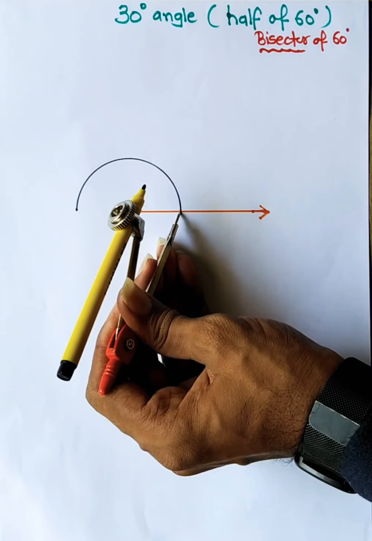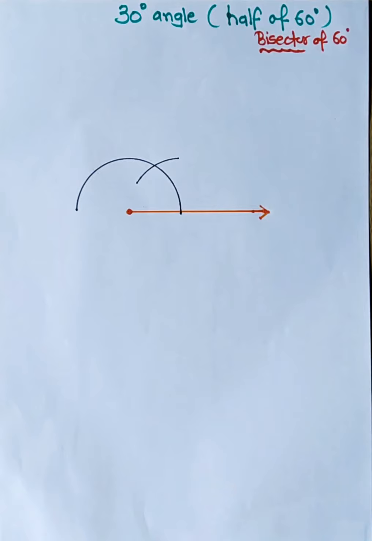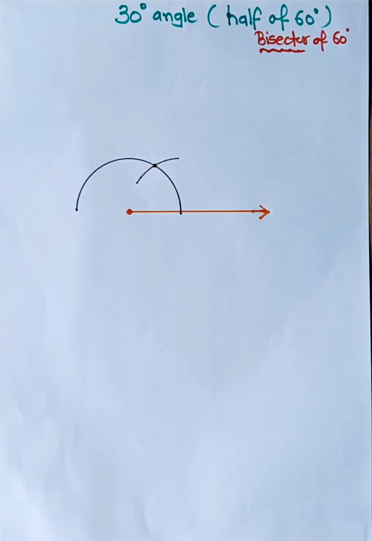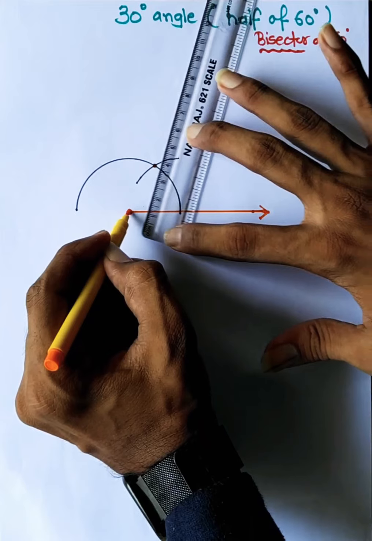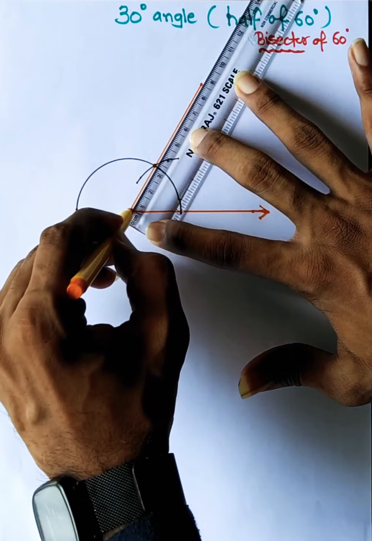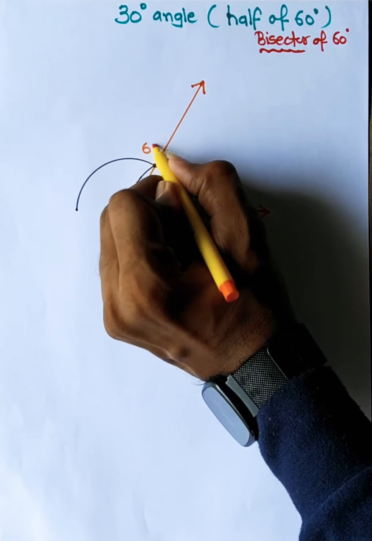I'll keep the compass exactly on this point, and with the same radius I will intersect the previous arc. So this point will give me the 60 degree. So what I'll do, I will draw the 60 degree. So from this point to this, what I did, I drew 60 degree.